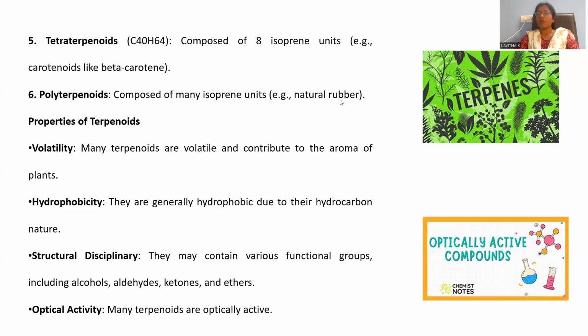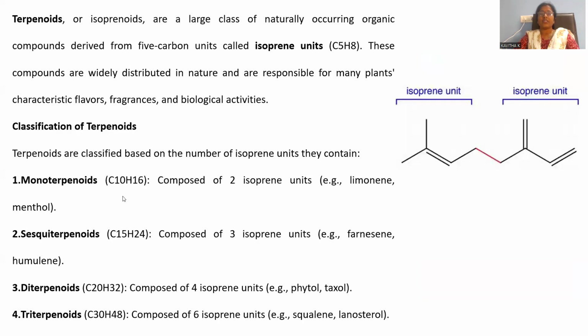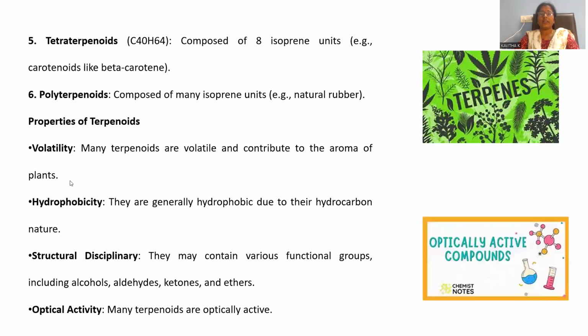Natural rubber is a polymer of isoprene, right? You can go with 100, 1000, or a million of these units bound. So polyterpenoids have many isoprene units present, where natural rubber is the example, right? By this, our classification got finished. Mono, sesqui, di, tri, tetra, and poly are the classes under this classification.